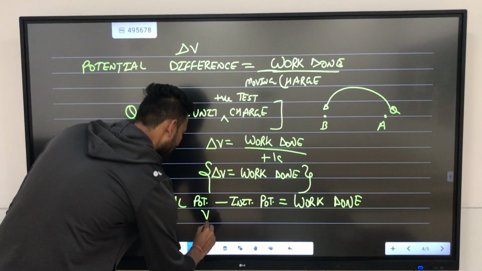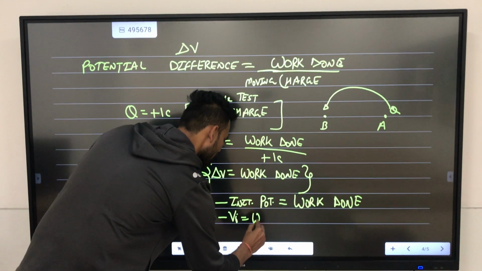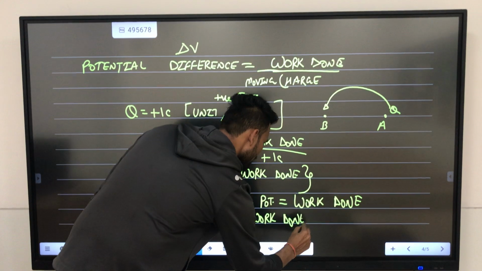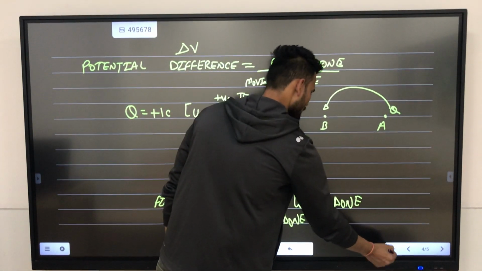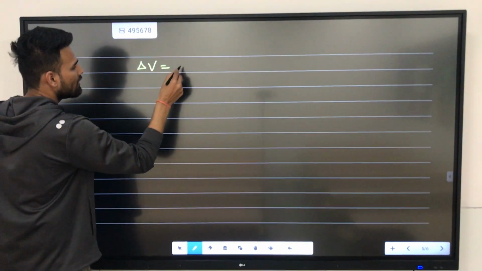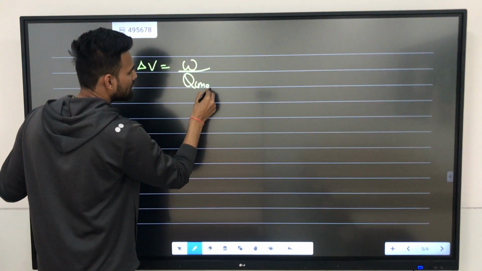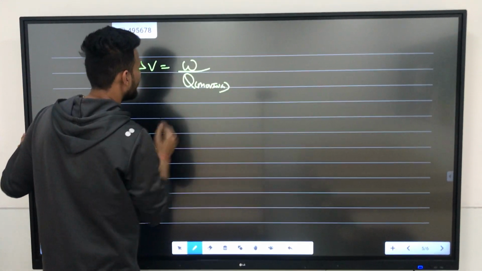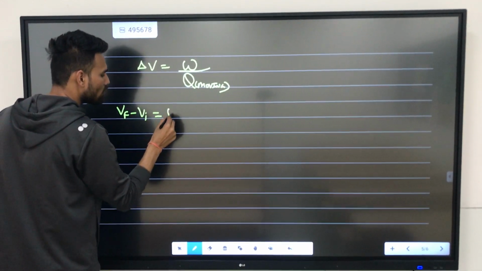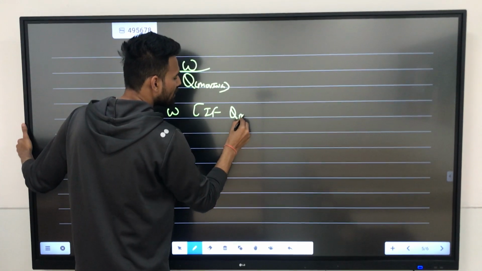So we can say that V final minus V initial is equal to the work done. Moving ahead, delta V was W by Q moving, the charge which was moved, and we have defined that V final minus V initial is equal to W if Q moving was plus 1 coulomb.